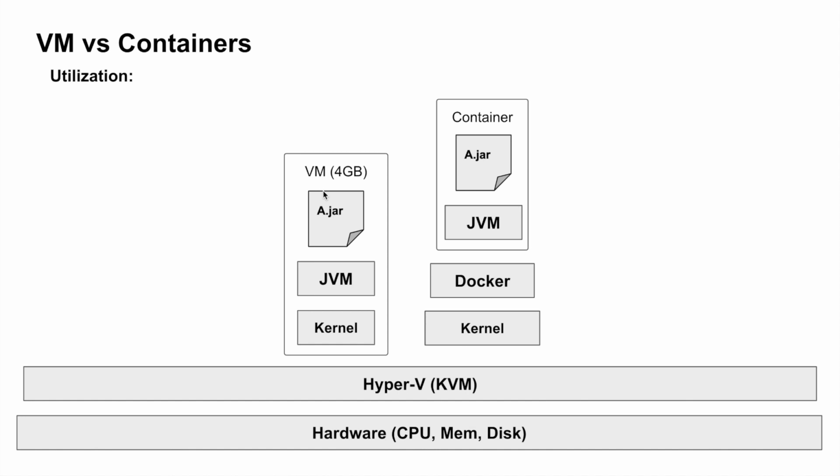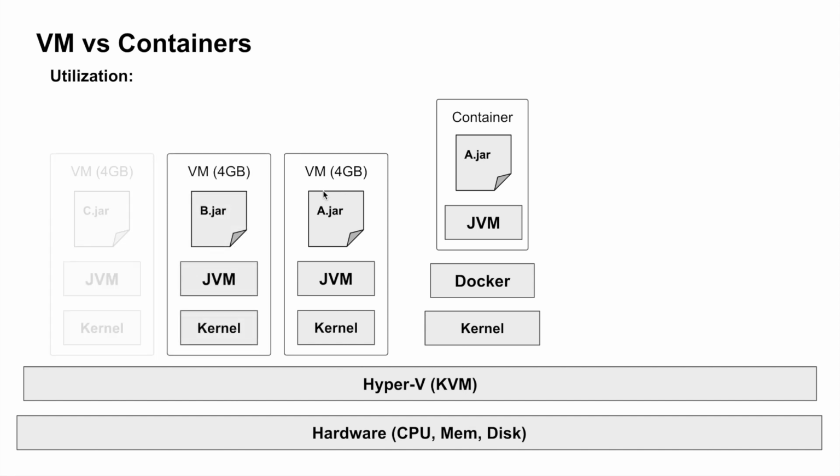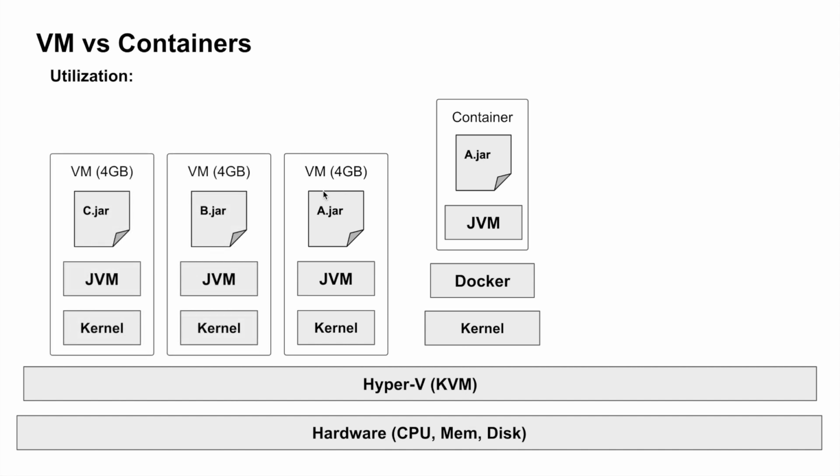So if I wanted to run 3 different apps, say a.jar, b.jar and c.jar, I would need to buy virtual machines that make up 12 gigabytes of memory. The issue with utilization comes into play if each one of these services is very small. If each one required only 100 megabytes of memory, then I would have bought too much, because I have 12 gigabytes of memory and I would be using only 2%.